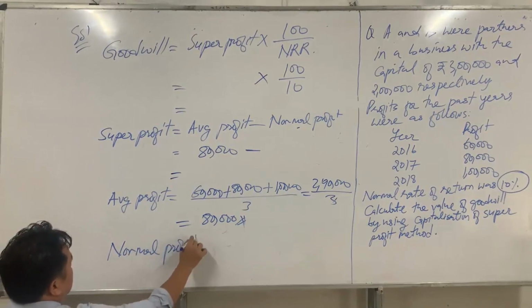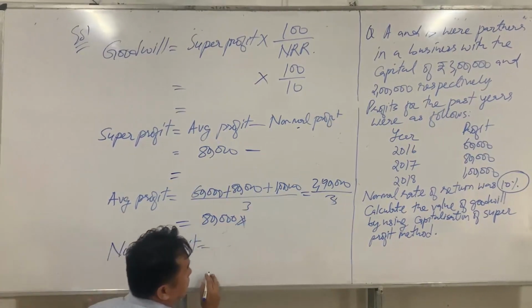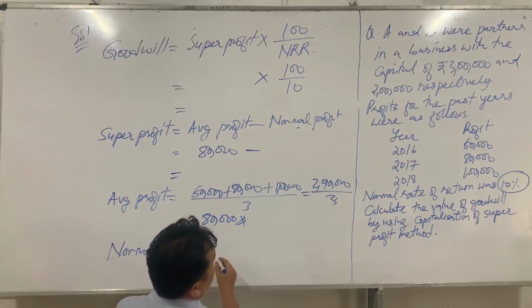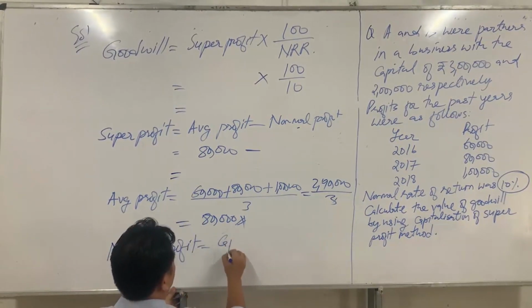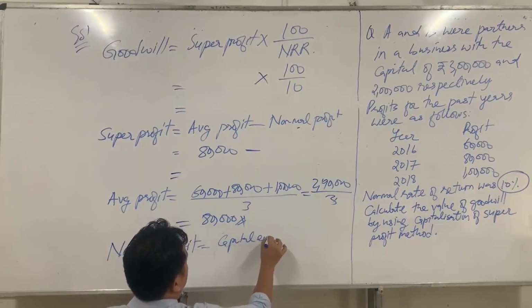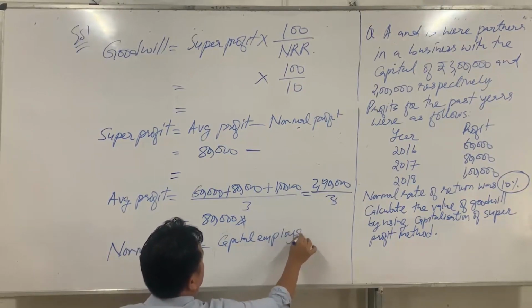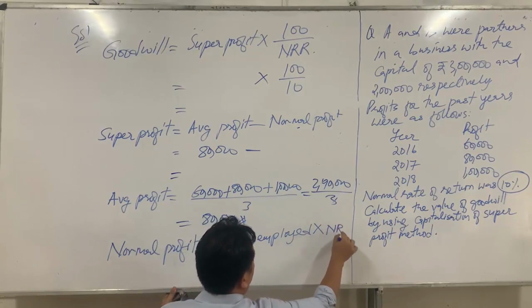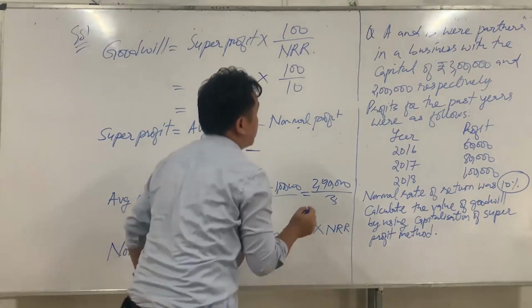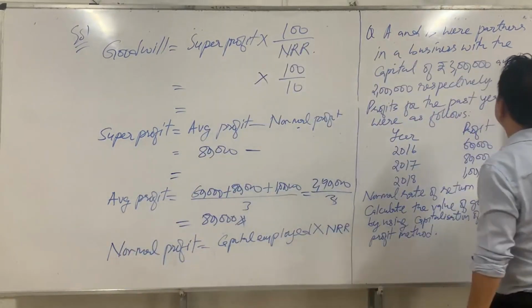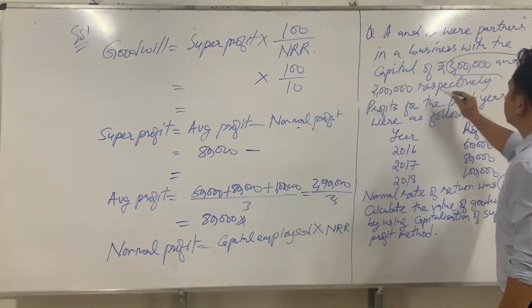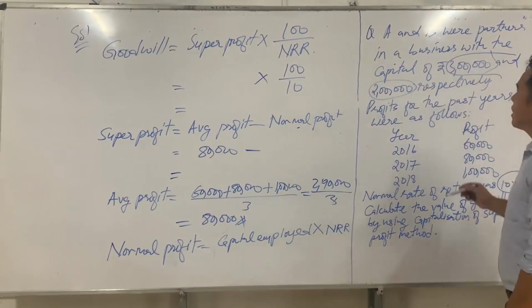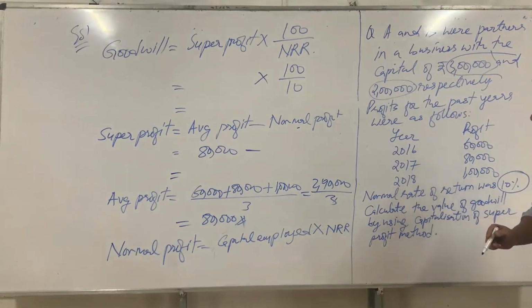Normal profit is equal to capital employed multiplied by normal rate of return. So here the capital contributed by A and B will become the capital employed of the firm.